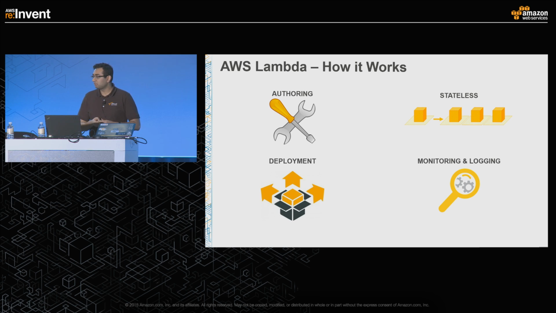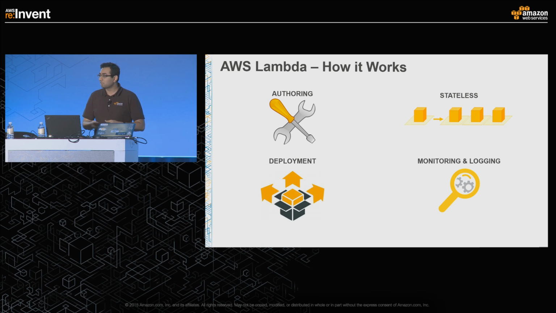You can either edit directly inside the AWS console, or you can upload a zip file which has all of the package dependencies which you need. Plus, we are trying to expand our partner ecosystem in this space to get more plugins and more controls so that the existing tools which you have can easily be plugged in for deployment.